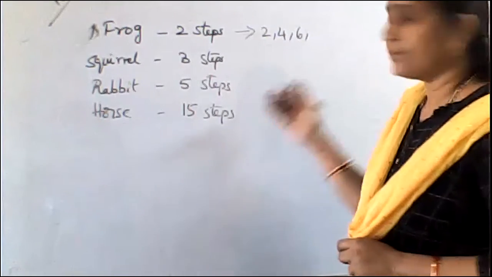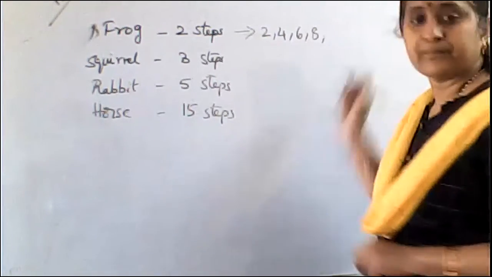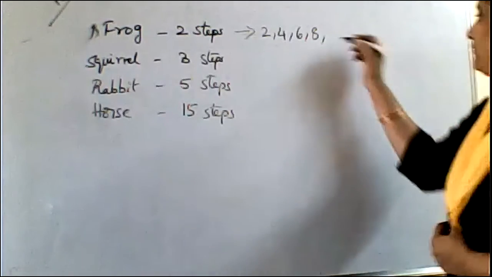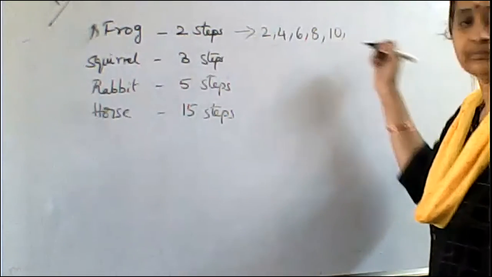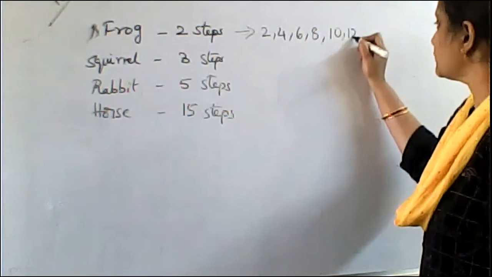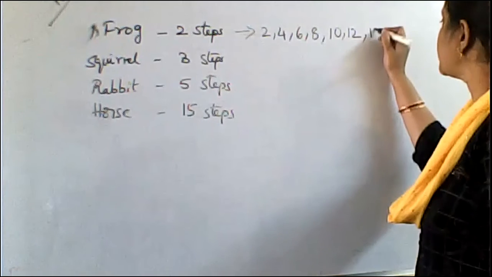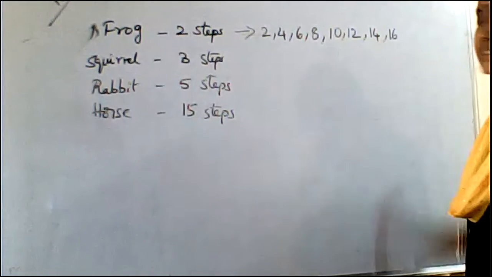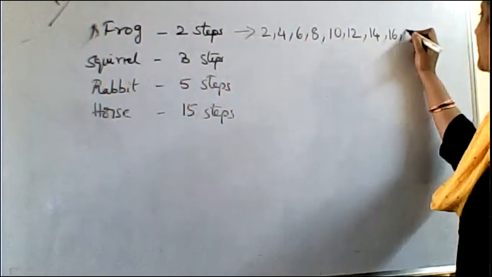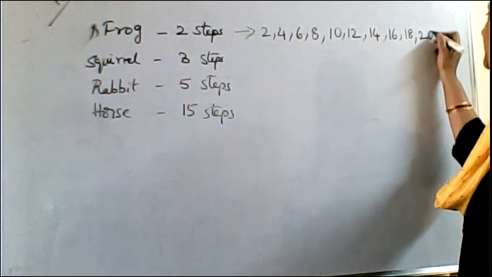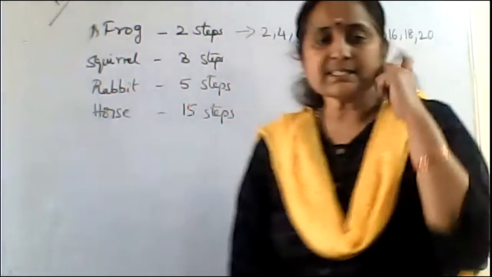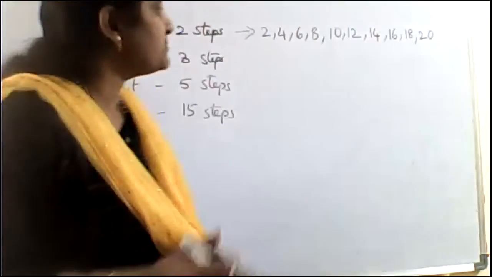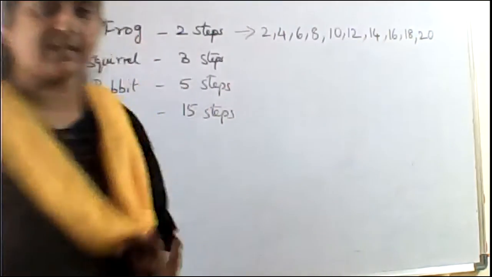Next 4th step, 8. Next 5th step, 2 5s are 10. 2 6s are 12. 2 7s are 14. 2 8s are 16. 2 9s are 18. 2 10s are 20. So for us, since they asked about 15 steps, up to 16 only we need to see.